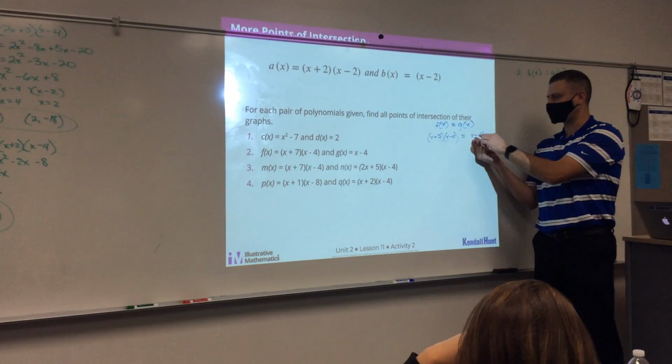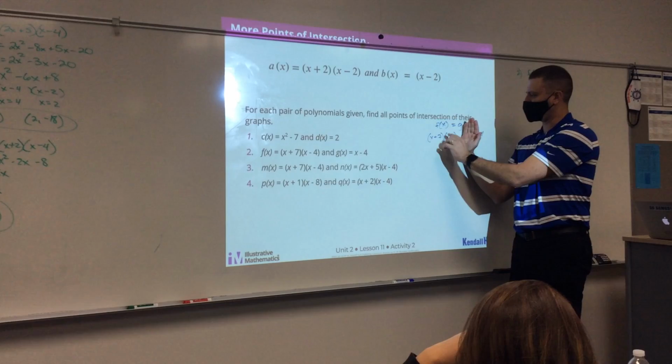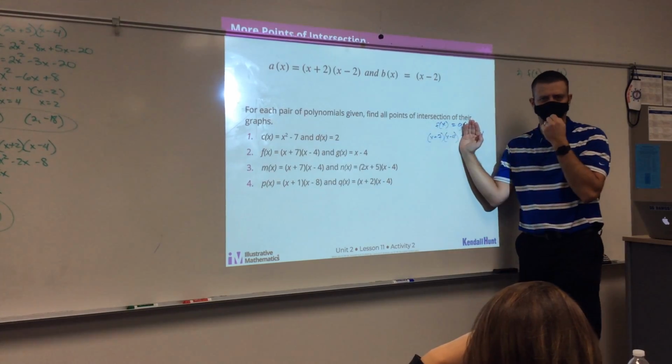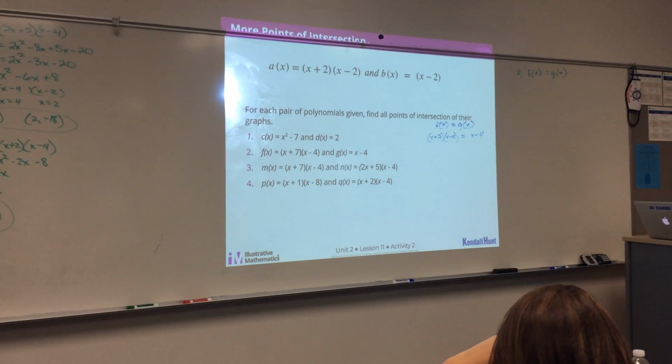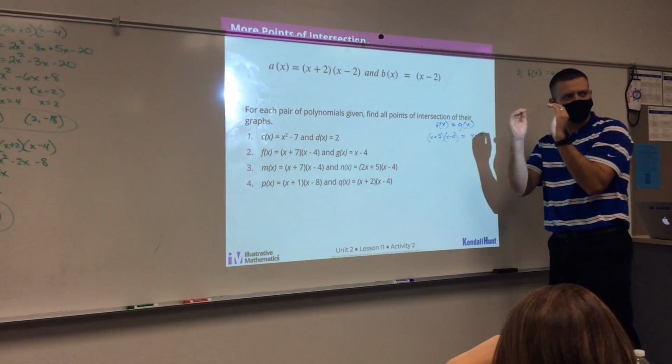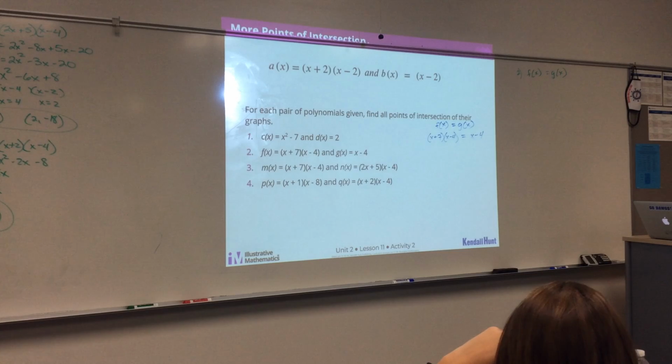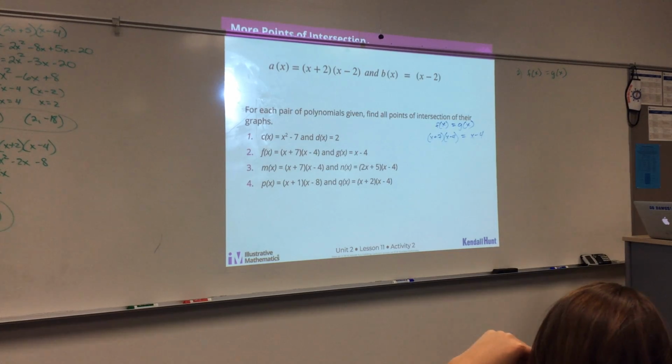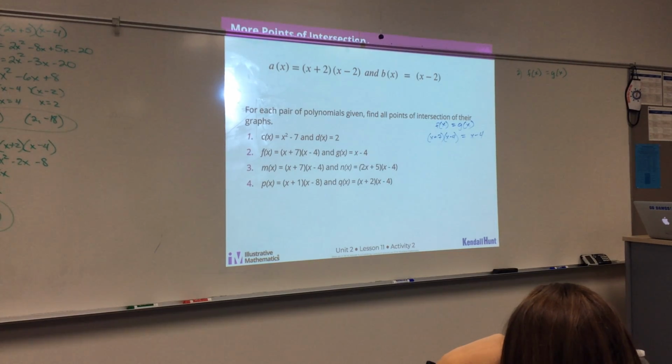This graph passes through 4 comma 0, and this graph passes through 4 comma 0. I can tell that because they both have an x minus 4 as a factor on either side. Okay? Now, there's two ways that a person could find the other one.